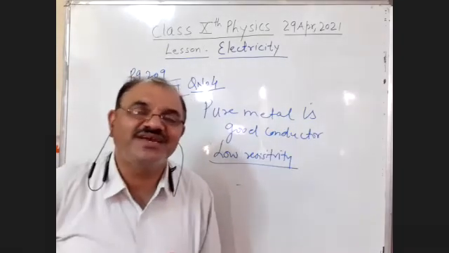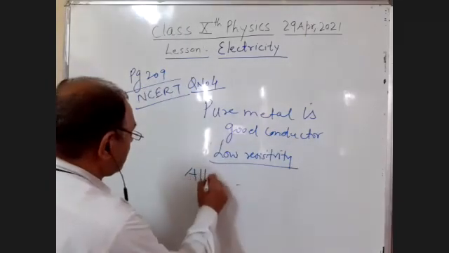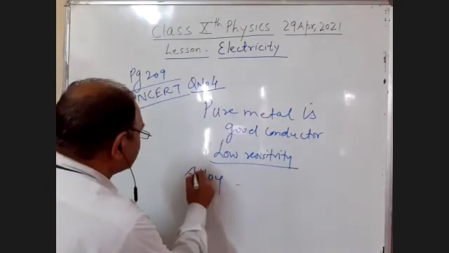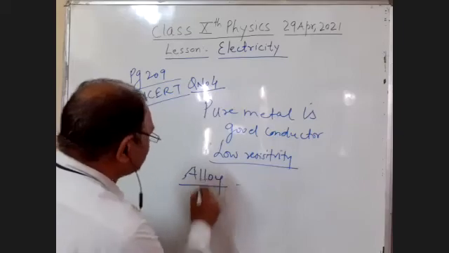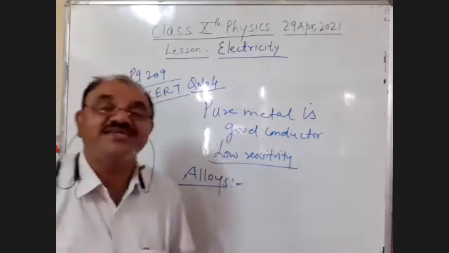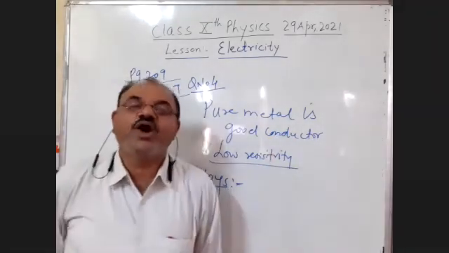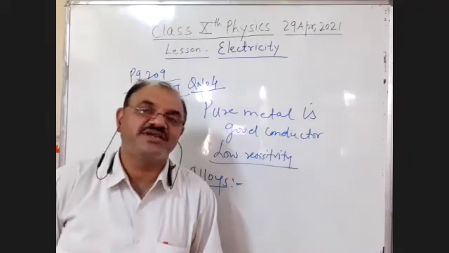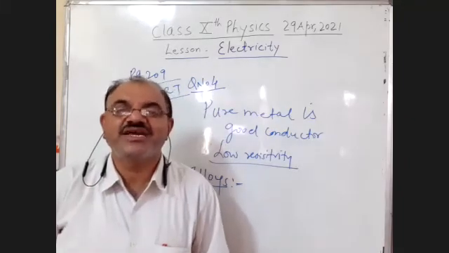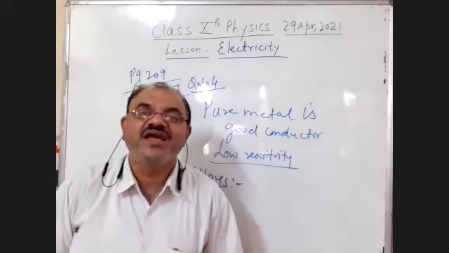First step is clear. Now, students, if it is an alloy, I already explained in my previous lecture what alloys are. Alloys are combinations of a metal with another metal or a metal with non-metals. Generally, the nichrome filaments of electric irons are made up of nichrome.